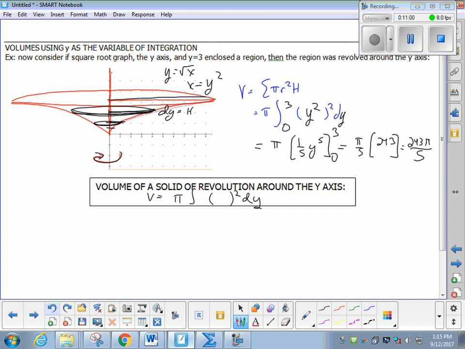And the radius, instead of the curve in x terms, will have to be the curve in y terms. That'll often involve finding the inverse of the original function, with y limits of the region rather than x limits. Does that seem to make sense?